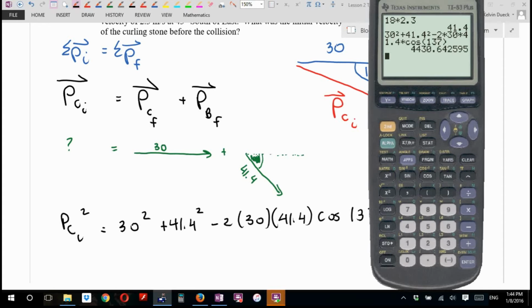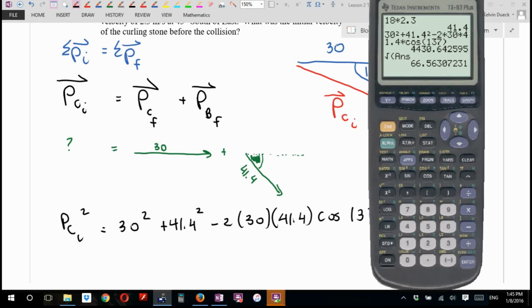Oh, and square root, because this tells me the momentum squared. And I get 66.563072. And because I'm going to use this, I'm certainly going to carry 5 or 6 sig figs. I'll carry at least 66.563. You could even go 66.5631 or whatever. Since there's a 0 there, that's a nice place to stop. But 66.563. Is that right?